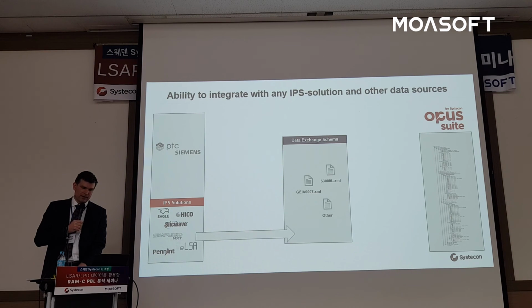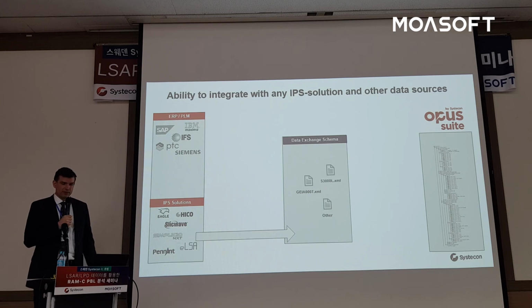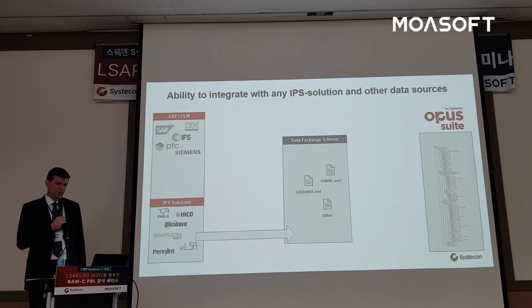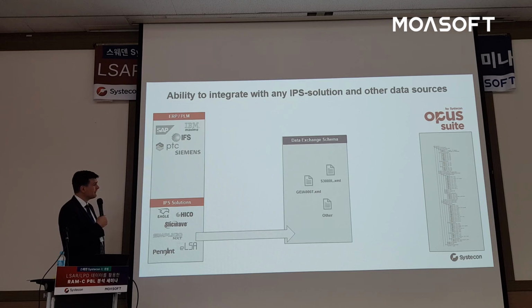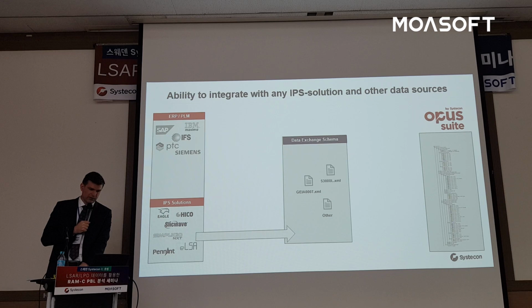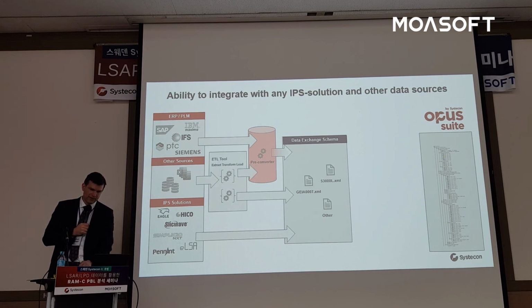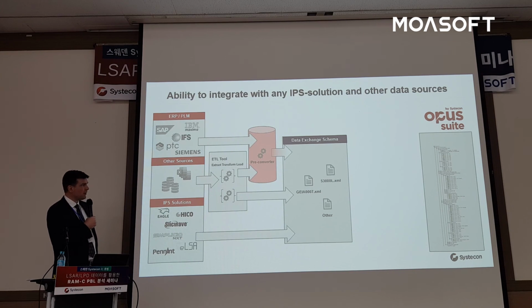Of course, there are quite typically some other sources of data as well. You don't have all your, for example, operational profiles and things like that in the IPS solution, and you may also have other information about your stock levels and things like that in other systems, for example in an ERP system or a PLM system. And then you want to combine that into the same model, and a very suitable way of doing that is to try to convert that into the same format.